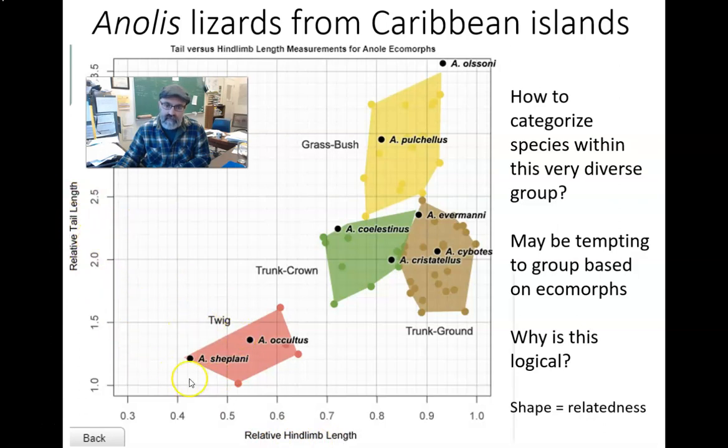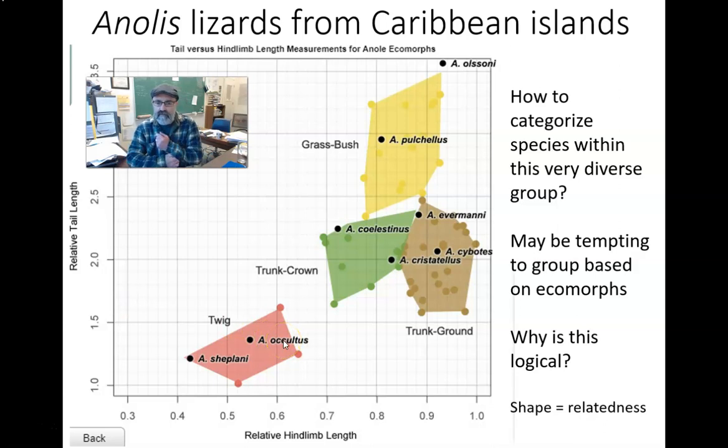Based on the plot of those two, we see groupings occur. These two are out here by themselves, these two up here by themselves. These two groups here are more separated by hind limb rather than tail length.